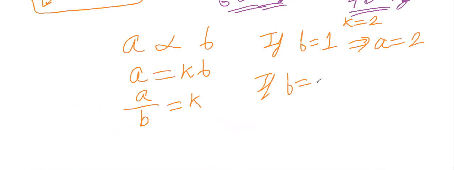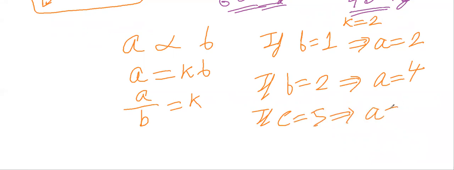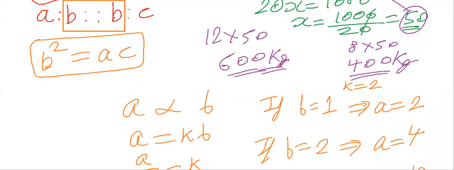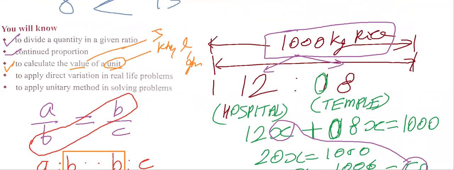If b is 2, then a is 2 into 2, that is 4. If the value is 5, then a is 5 into 2, that is 10. This is called direct variation.